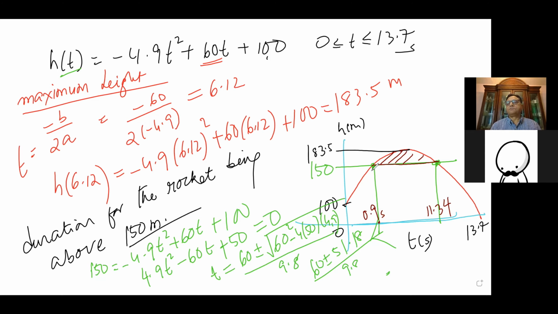Yes, sir. So now, what we really understand is that for such parabolic paths, you can actually write down an equation, solve, and get all the information which you want from the equation itself, right?